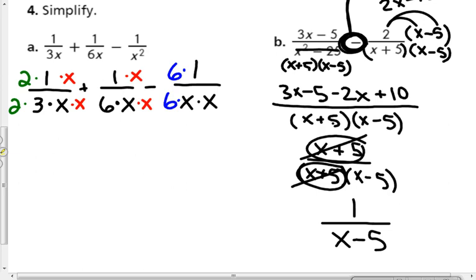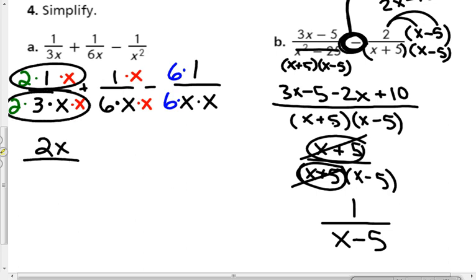I think we're ready to go because the first fraction is now, what's 2 times 1 times x? 2x over, what's all this come out to be? 6x squared plus, what's 1 times x?